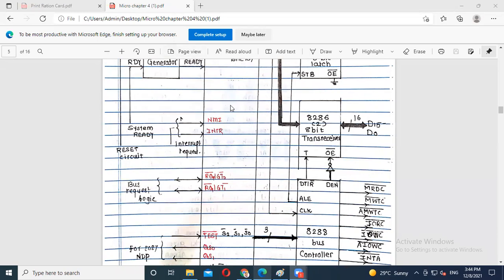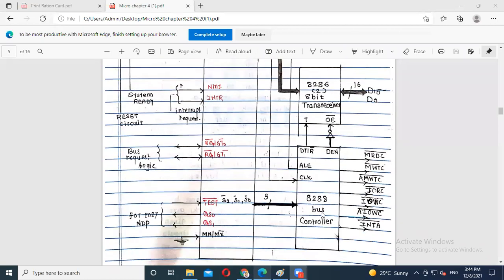In the previous minimum mode configuration, input and output were transferred directly to the 8086, but in maximum mode, the maximum flow of data that we transfer is controlled by the bus controller. For that, we use the 8288 chip as the bus controller.